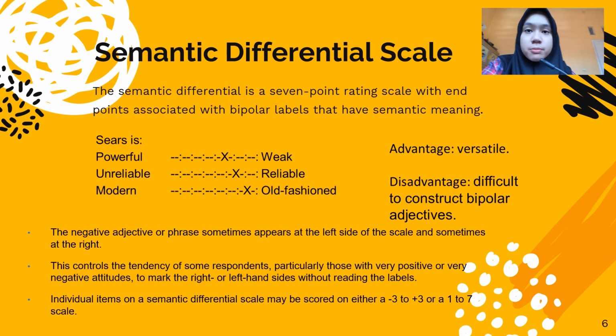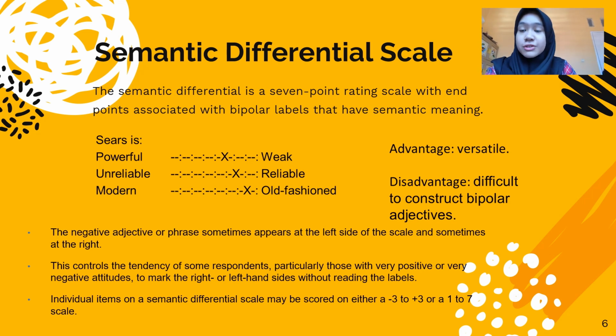Take note that the negative adjective or phrase sometimes appears at the left side of the scale and sometimes on the right. This controls the tendency of some respondents, particularly those with very positive or very negative attitudes, to mark the right or left-hand sides without reading the labels.